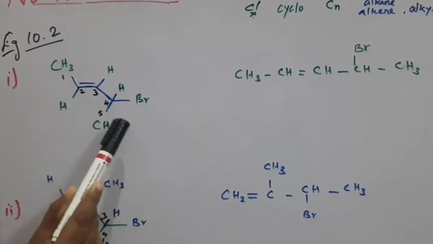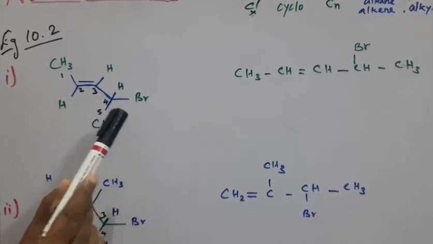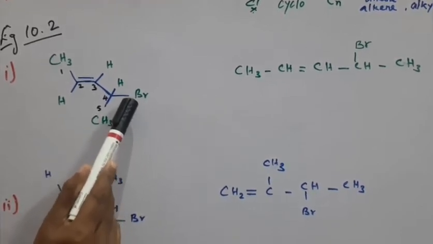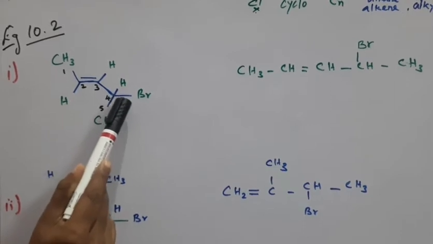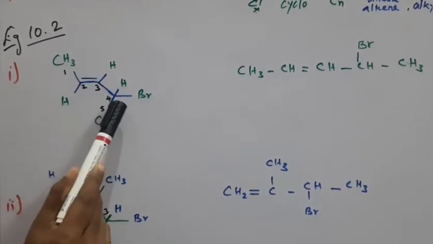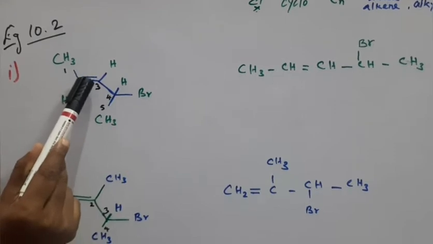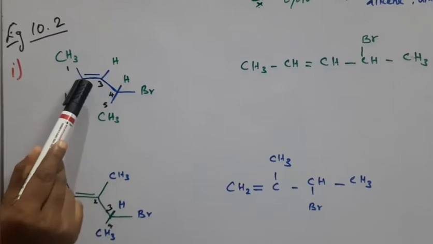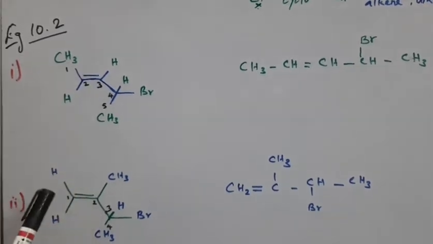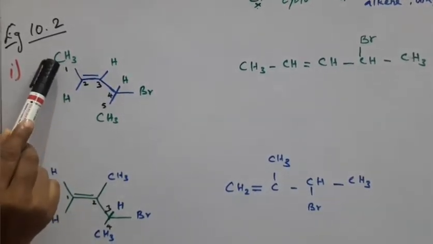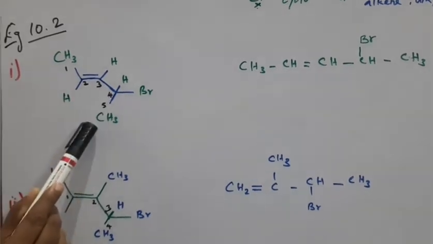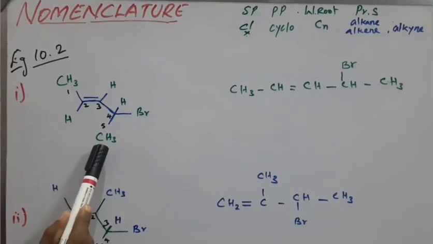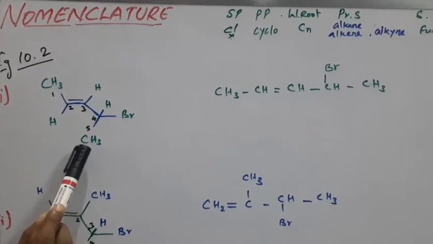According to our lowest locant rule, both the double bond and bromine are present, so the first priority is given to the double bond carbon atom. The longest chain we have to take this way. The root word: the number of carbon atoms present is 5.